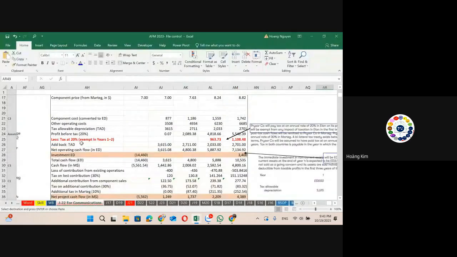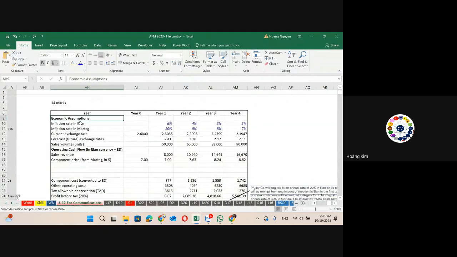You can make working one here, and when you want the examiner to understand something, you point to it and say, please review working one. Reference, yes.